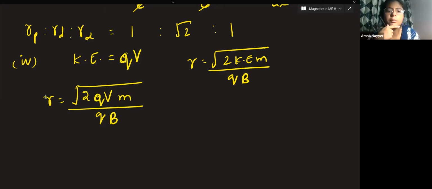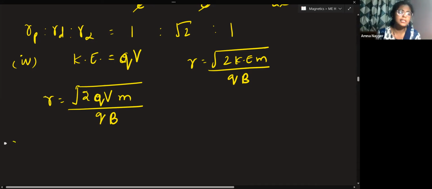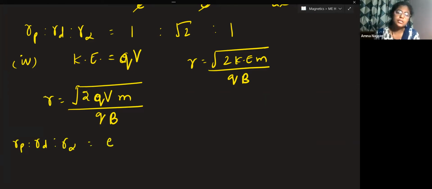Yes. So from here, potential is the same, magnetic field is the same, root 2 will get cancelled. Rp is to Rd is to R alpha. Charge, what is left? Mass of proton divided by charge of proton.